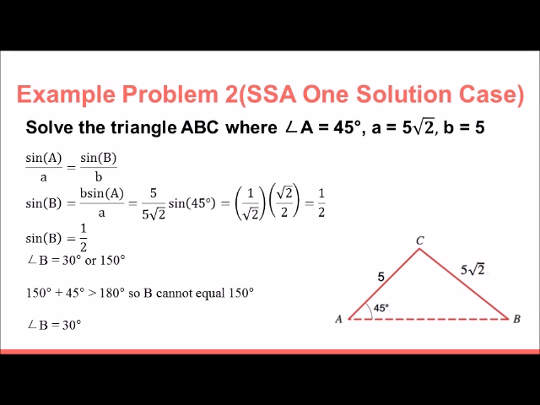With a little algebra, we can come to the conclusion that the sine of B equals 1/2, so B equals 30 degrees or 150 degrees. Knowing that the measure of the three angles in a triangle equals 180 degrees, we can rule out 150 degrees and determine that angle B equals 30 degrees.